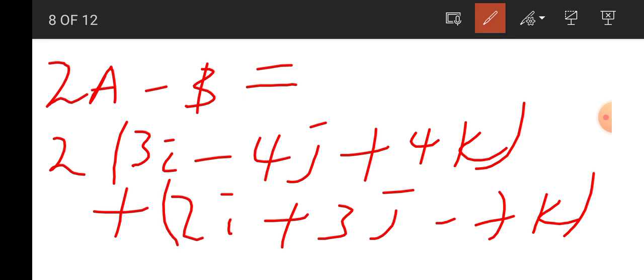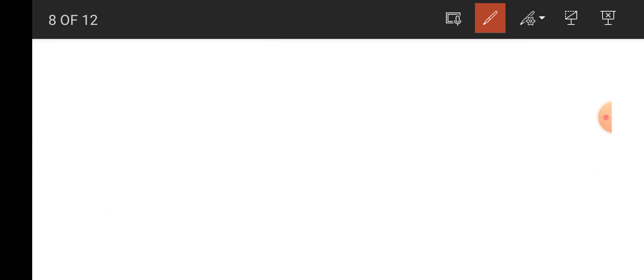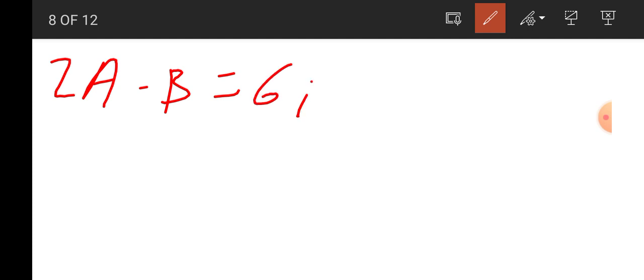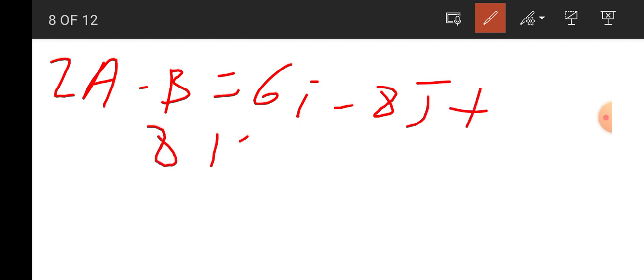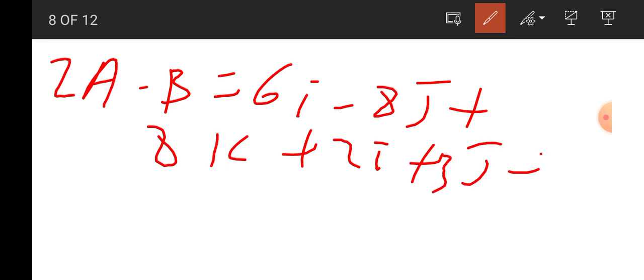Therefore, 2A minus B is equal to 6I minus 8J plus 8K plus 2I plus 3J minus 7K ይሆናል ስናባዛው.